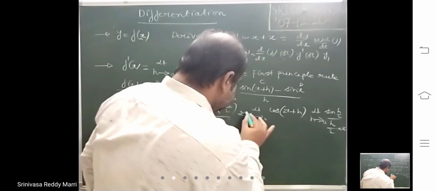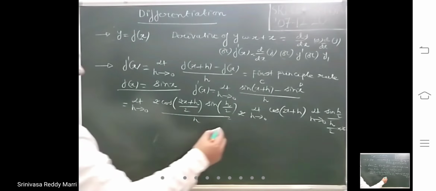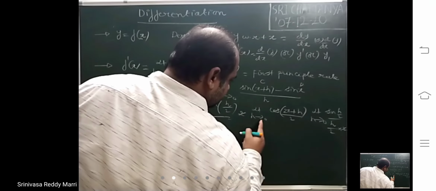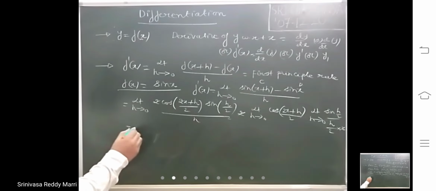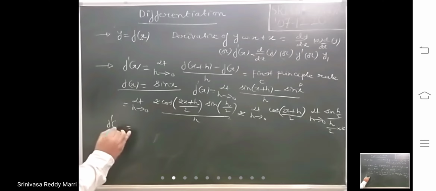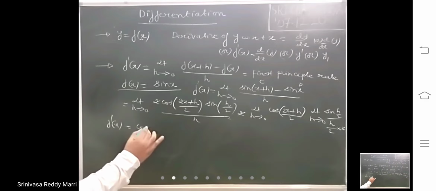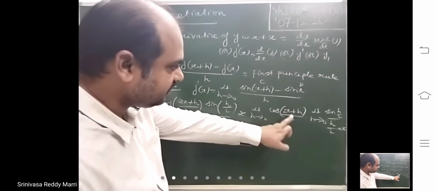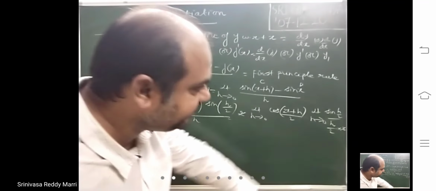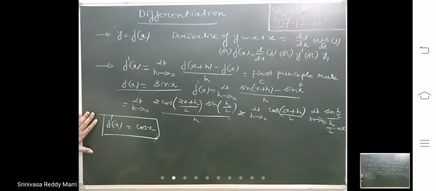The 2 and 2 get cancelled. Now if you substitute h equals 0, this becomes cos of 2x by 2, and the other limit is 1. That means f dash x is nothing but cos x. Therefore the derivative is cos x.